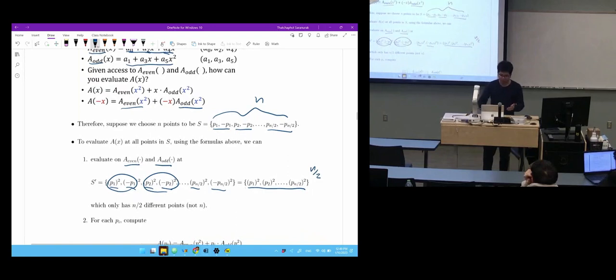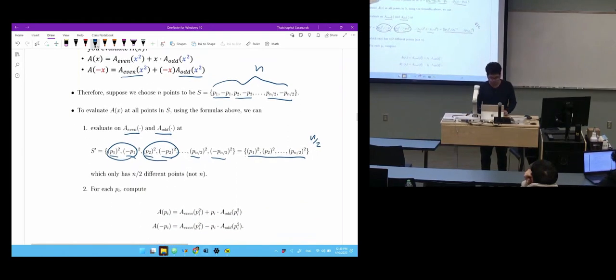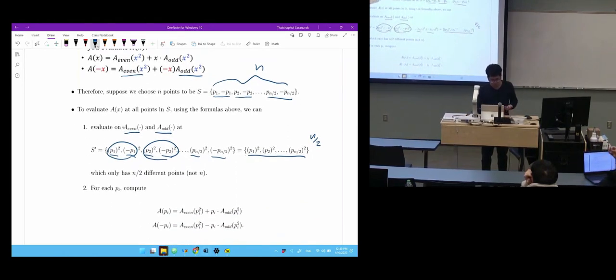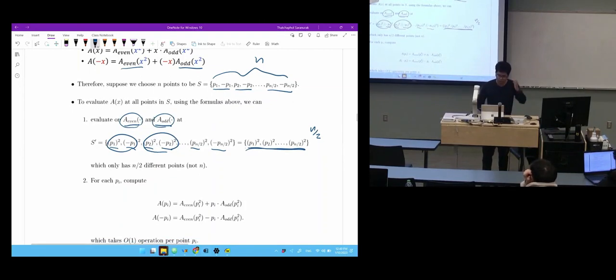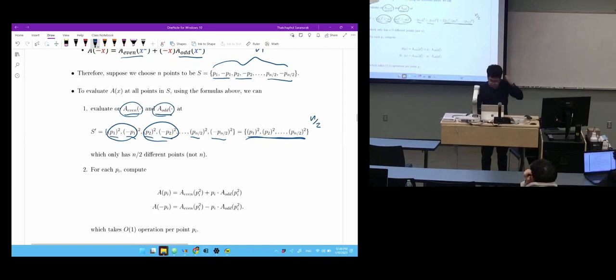And once you have evaluated A even and A odd at all these points, all you need to do is, for each point, do a constant number of operations: multiply by some p to this and some addition. So for each point you do a constant number of operations to get the evaluation of A at both P and minus P.